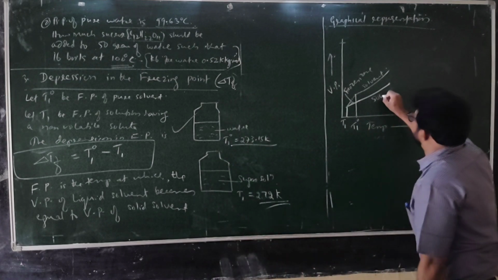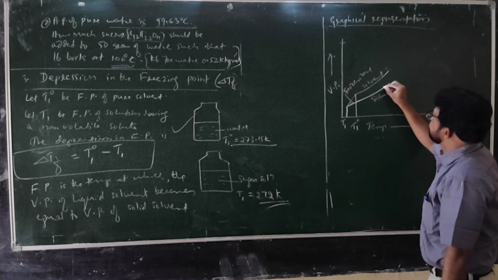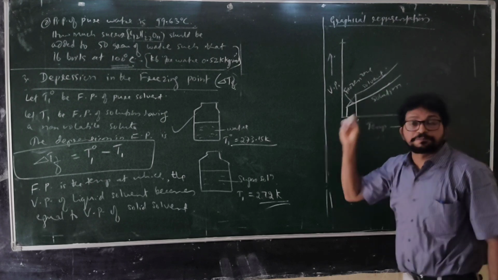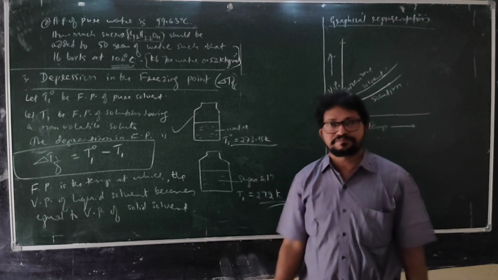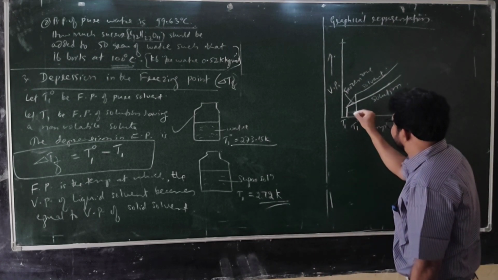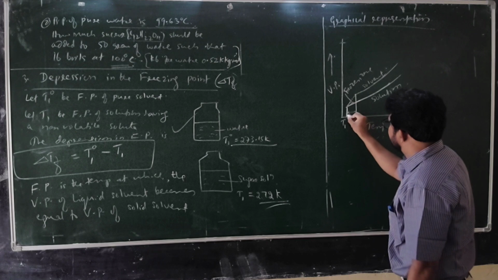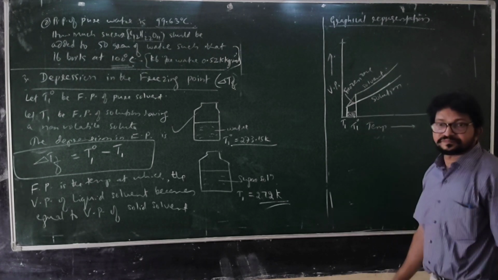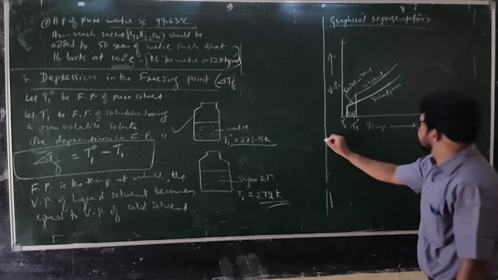So this graph indicates what? The depression in freezing point. And this difference is what, tell me? Delta T F.